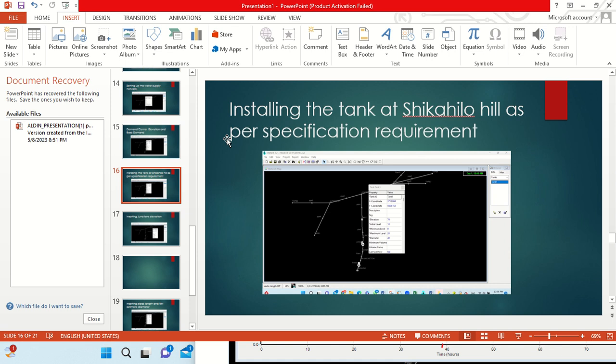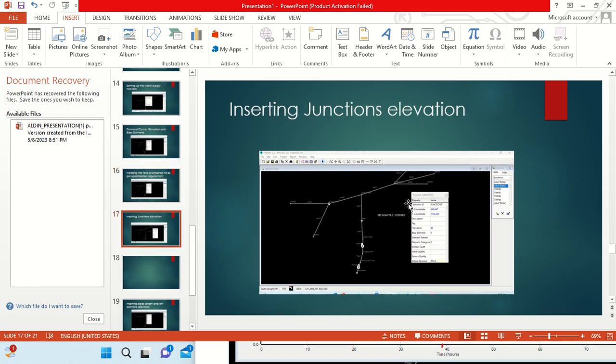I've detailed everything in the report, in terms of the specifications that are required by the municipality. As I've mentioned before, we insert these components, which are your pumps, your reservoir, your pipes, your demand centers, and also your junctions.